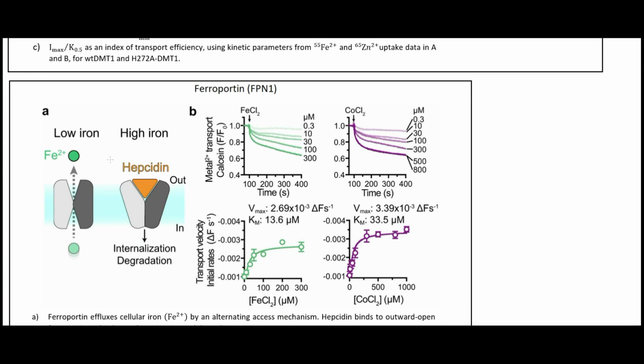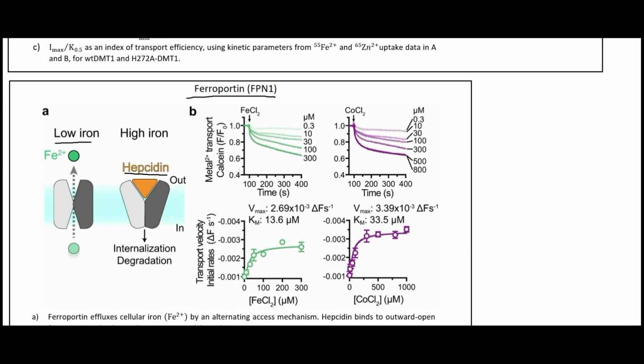All right, then we can look at this ferroportin here, which is what transports the iron from the enterocyte into the bloodstream. So this is saying that with low iron, we have this activated so that it can transport iron, but at high iron, we have this hepcidin here, which binds to this transporter here and shuts it off.